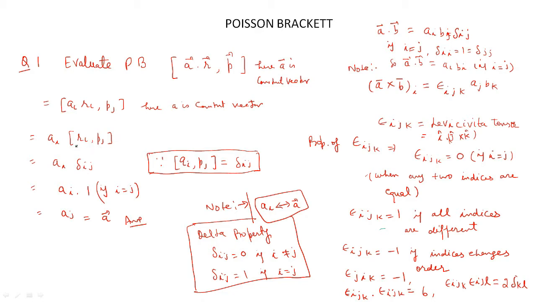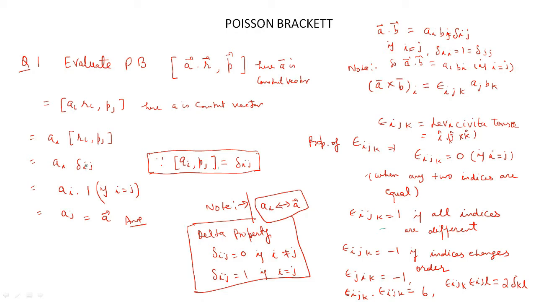We can write this {r_i, p_j} as equal to delta_ij, because we know that the Poisson bracket {q_i, p_j} is equal to delta_ij. Here q_i is the generalized coordinate and p_j is the generalized momentum. Similarly here r_i is the position vector and p_j is the generalized momentum.